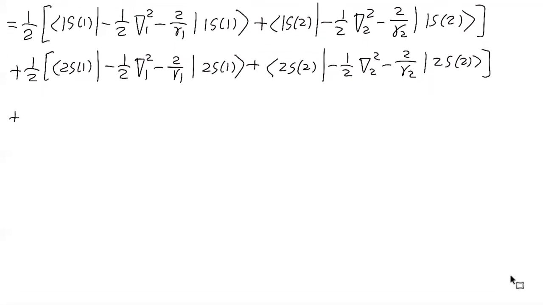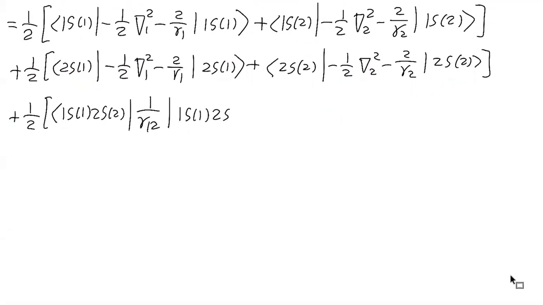And you will have non-separable terms because now the terms left are all connected by the 1 over R12 operator. So these terms are not separable. So you will have 1 over 2, 1s1 2s2, 1 over R12, 1s1 2s2, plus 1s2 2s1, 1 over R12, 1s2 2s1.